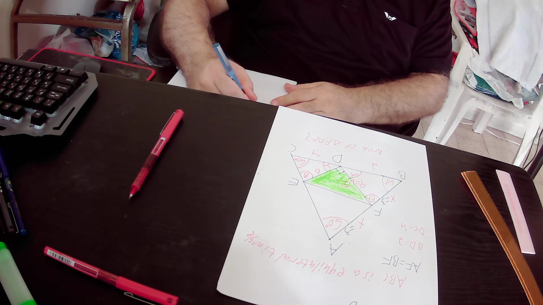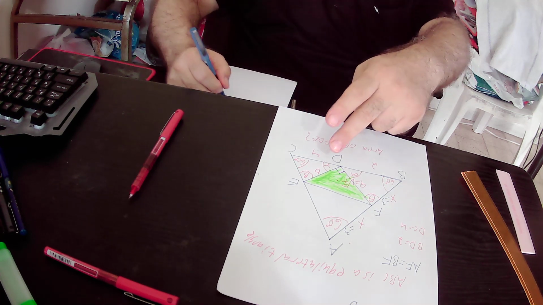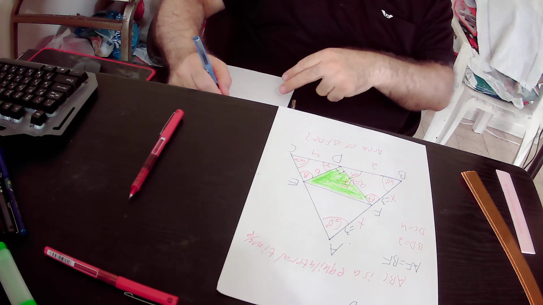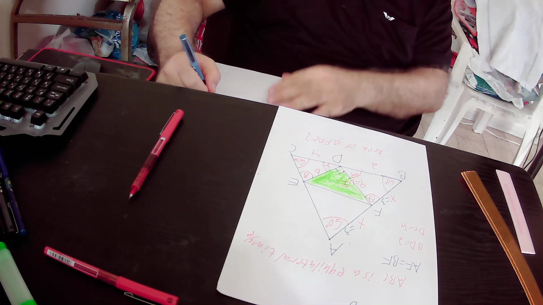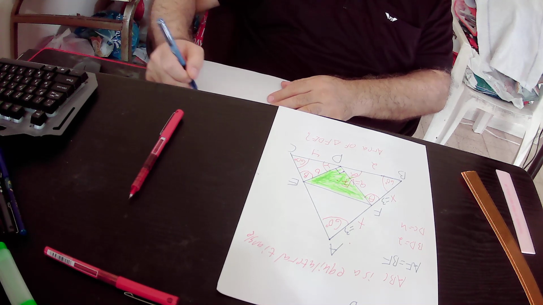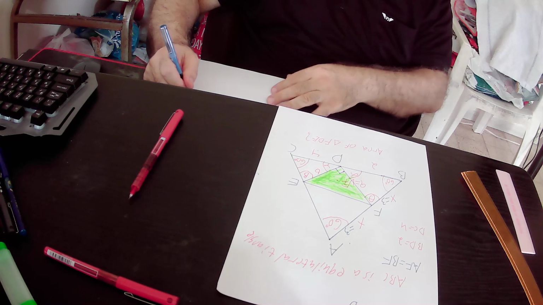So in triangle DEC, the angles are 60 degrees plus gamma plus beta, and it equals 180 degrees.